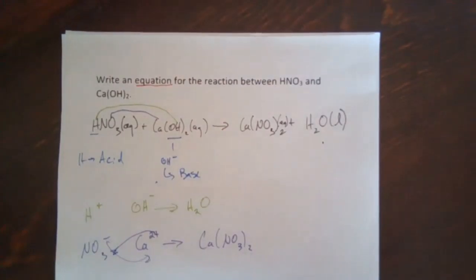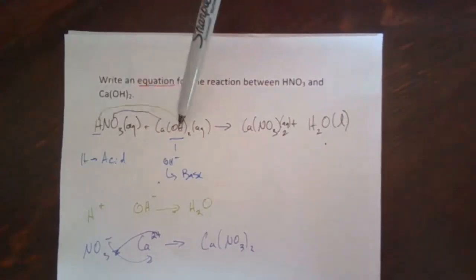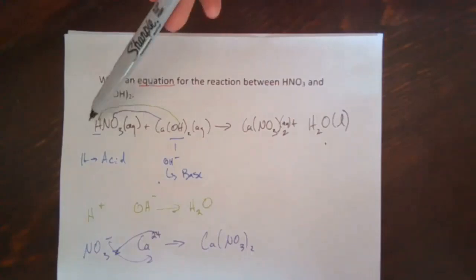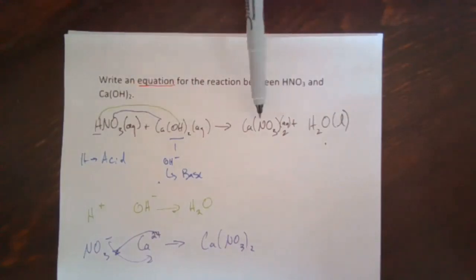So we got our compounds, check one. Got our phases, check two. Now we've got to balance it. This is not a balanced equation. If we look through it, the H's are going to be a pain to balance, but we can deal with, say, the nitrogens. I've got one nitrogen in this molecule, and that's the only thing on the reactant side. I've got two nitrogens over in this compound.